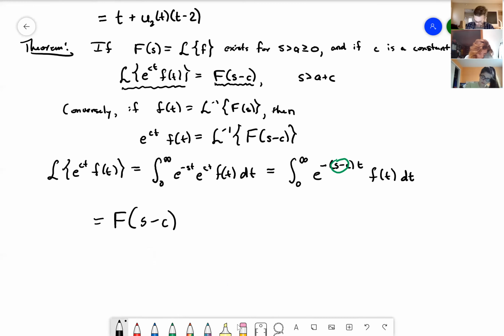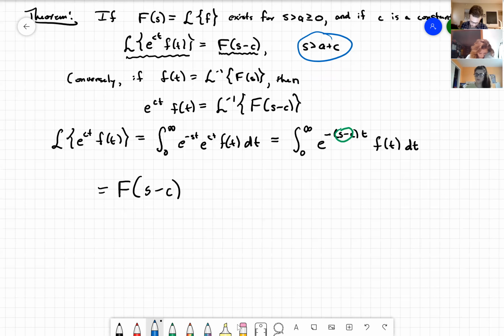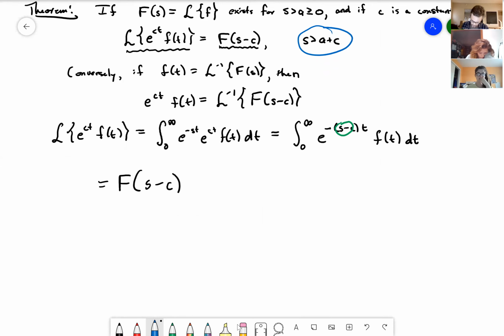Now, the only thing that we haven't touched on is the restriction that this is defined whenever s is greater than a plus c. And the reason we have this restriction is, if we had before that this Laplace transform exists for s greater than a, then the absolute value of f of t is eventually bounded by an exponential with growth rate a.